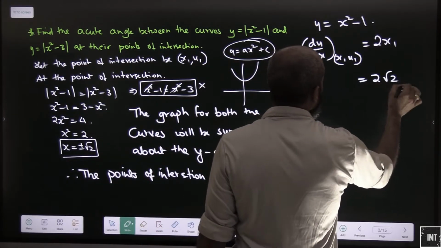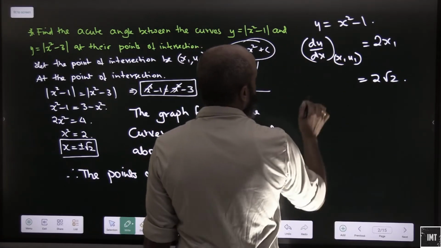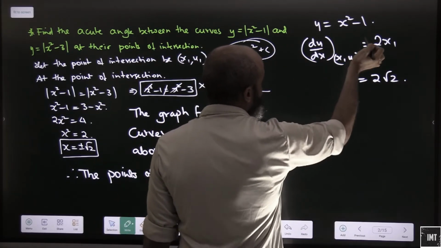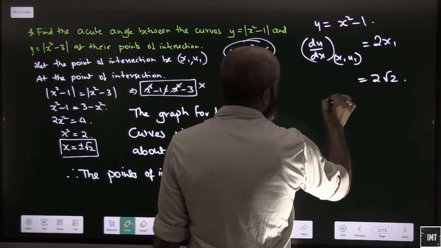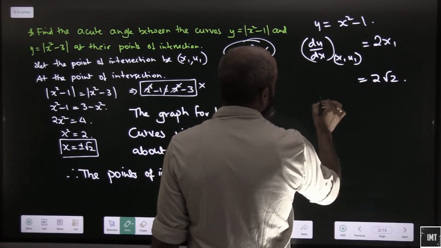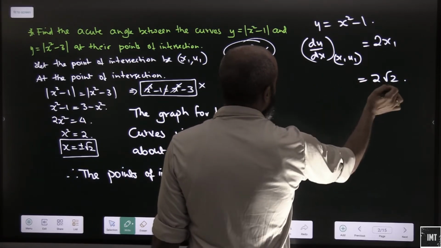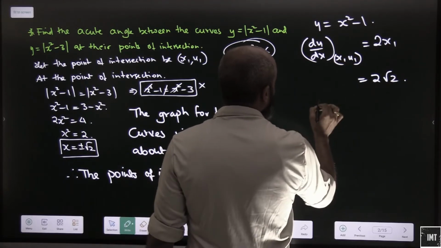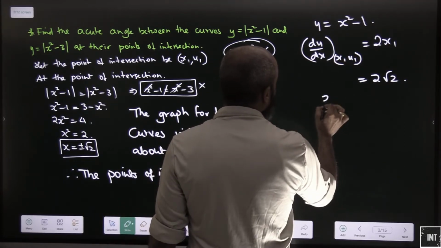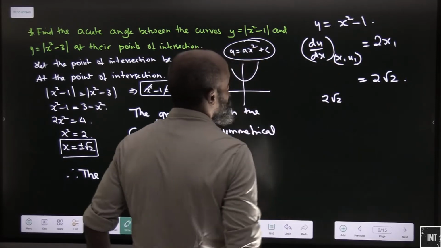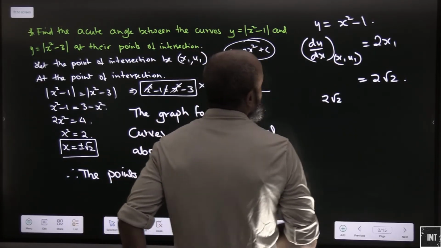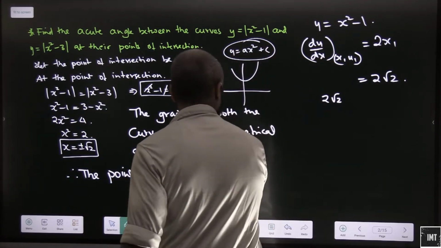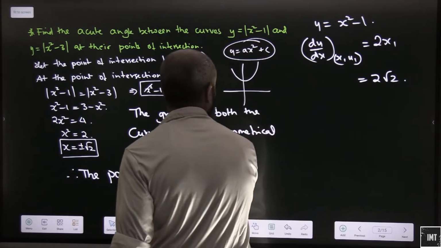So this will be 2 under root 2. Okay, 2 under root 2, and if it is 2 under root 2, then obviously its value will be how much? This y1 will be 2 under root 2.